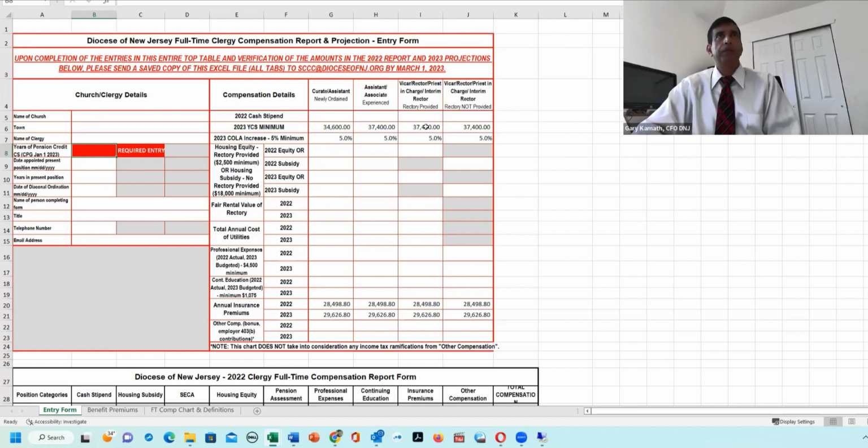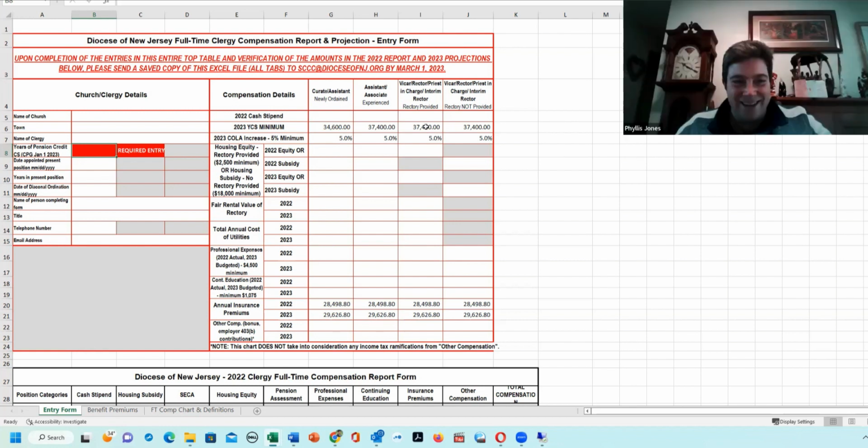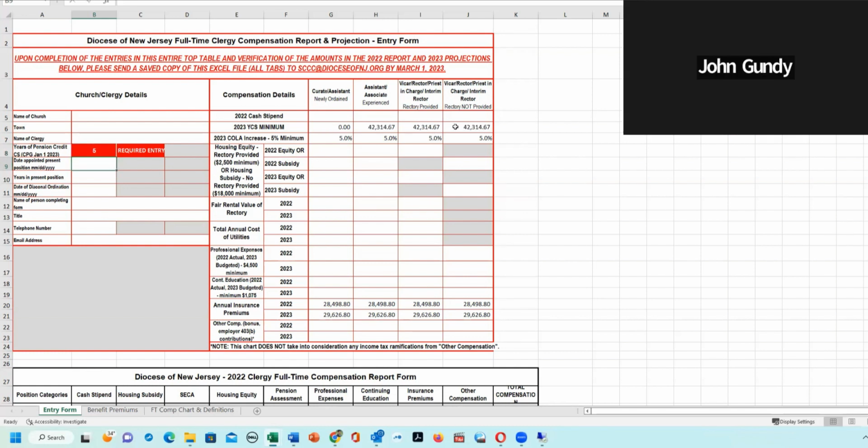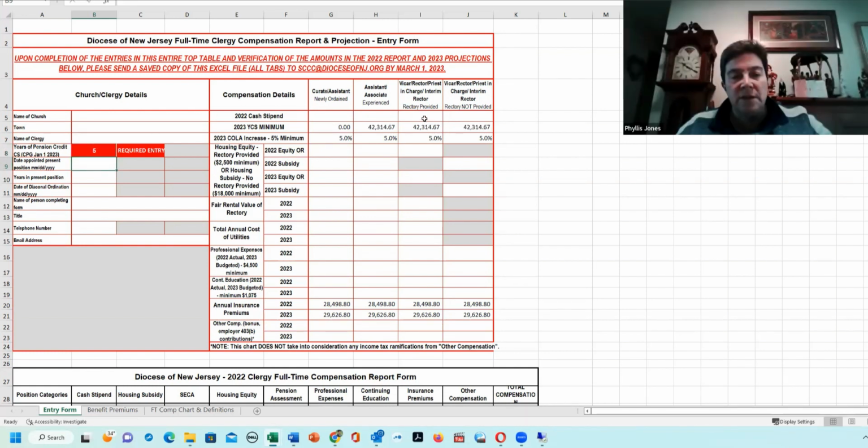Actually, it doesn't. So the 37,500, and it might help, Gary, if you enter something in the years of pension credited service. Okay, I'll include 5 years in there. As soon as he does that, you see that it changes the years of credited service minimum.